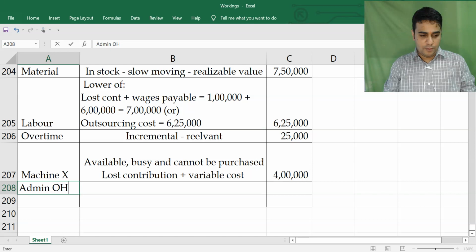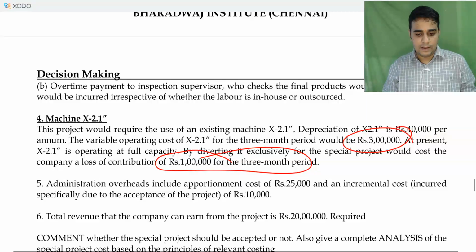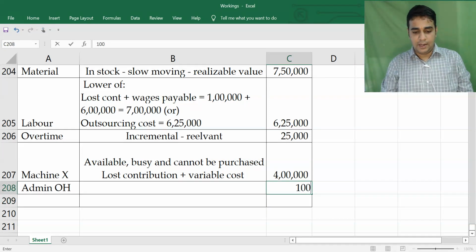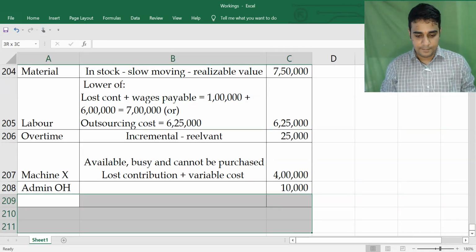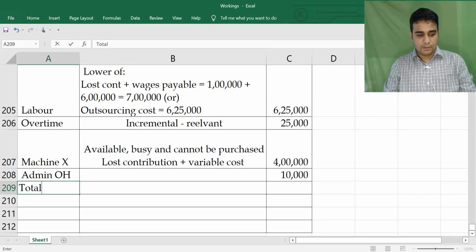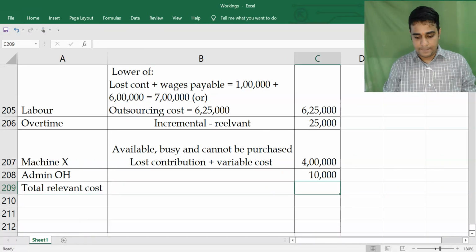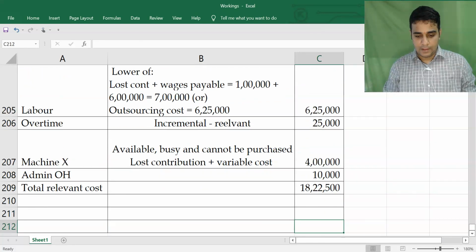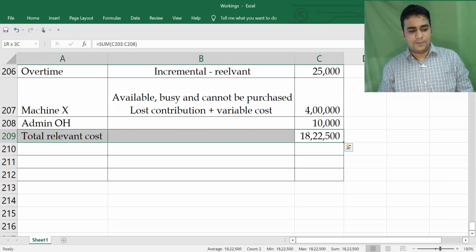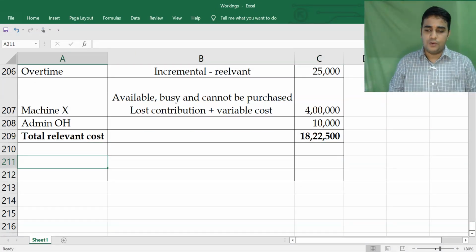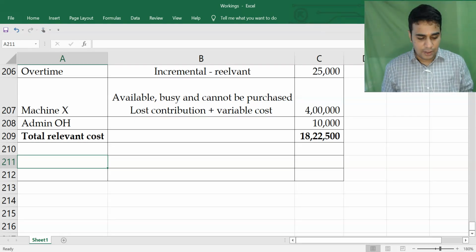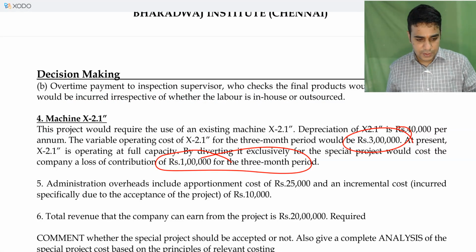Admin overhead, how much is relevant? 10,000. Incremental cost 10,000, that alone is relevant. Total relevant cost, okay, looks to be an acceptable project from a financial point of view, because I think we have received an offer for 20 lakhs.